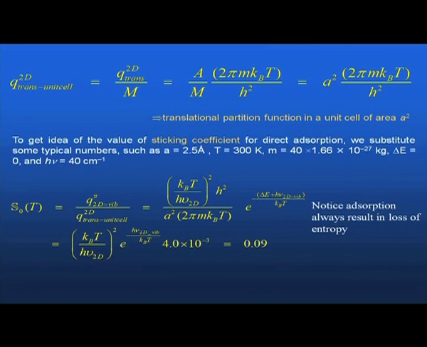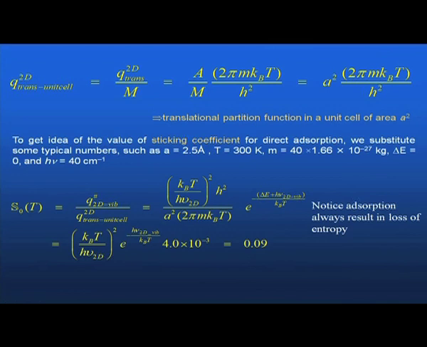So, we substitute typical numbers such that this A is equal to 2.5 angstrom, temperature is equal to 300 Kelvin, mass is equal to 40 into 1.66 into 10 to the minus 27 kg for some typical atom, maybe argon. Delta E is 0 and h nu is 40 centimeter inverse. If we plug in these numbers, you will end up getting like 0.09.